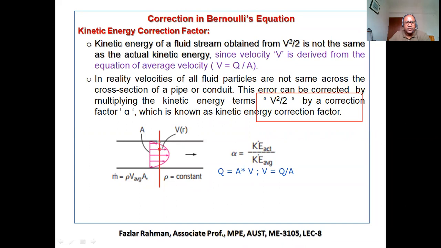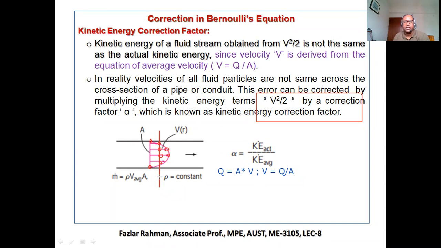So we just use half m v square by 2g. But in reality, this fluid element doesn't have any kinetic energy, V is 0, while this element's V remains very high. So if we take the average, we are sacrificing a little bit of accuracy.